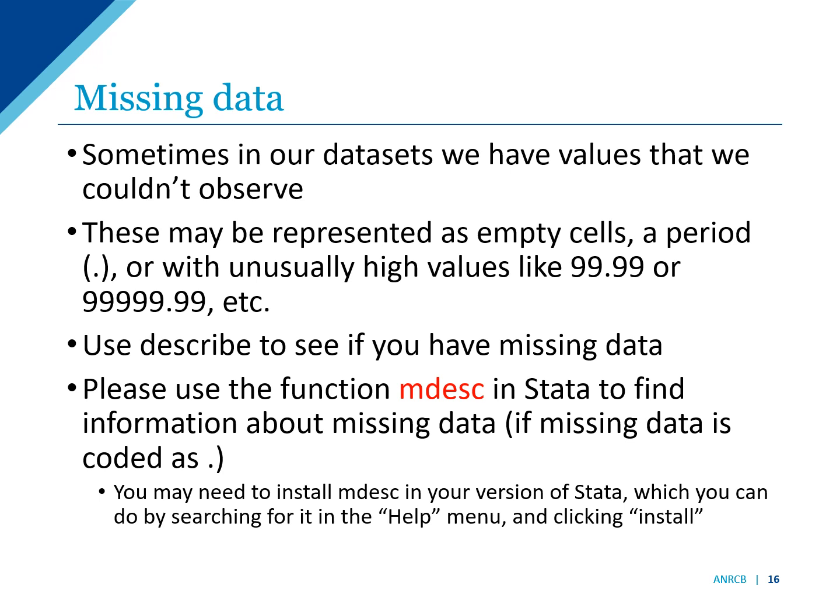Please use the MDESC function in Stata to find information about missing data if missing data is coded as a period. You may need to install the MDESC package in your version of Stata, which you can do by searching for it in the help menu and clicking install.